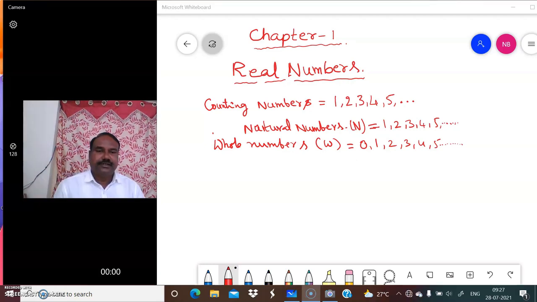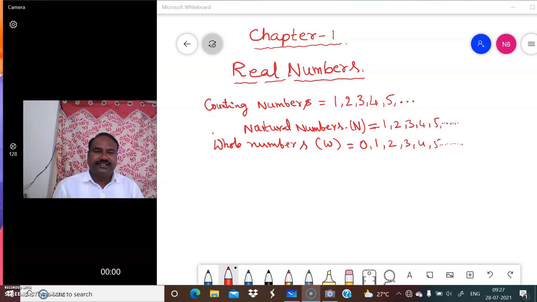Sometimes we need negative numbers also, like temperatures in the Himalayas or Nainital. Negative numbers are required, but the set of whole numbers does not contain any negative numbers. So negative numbers are also included.